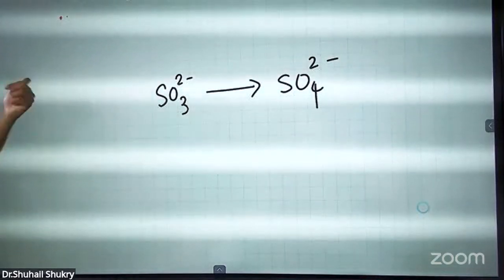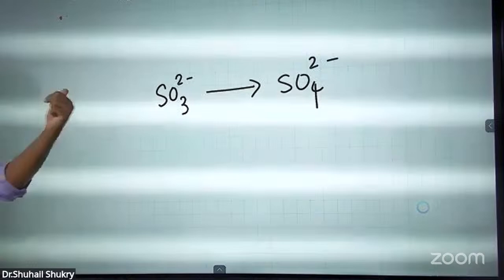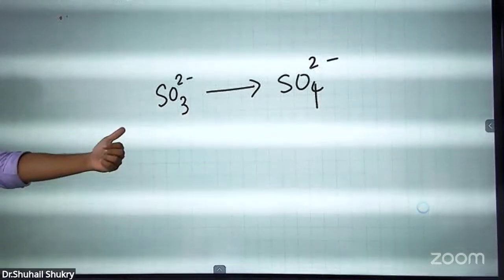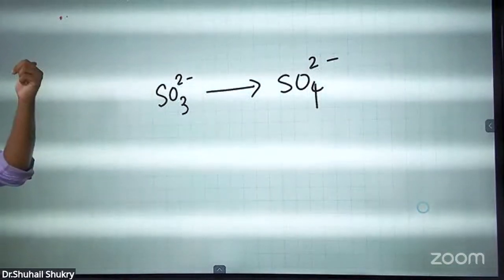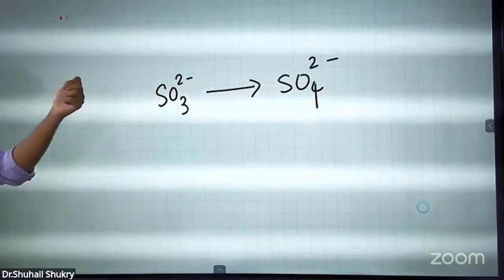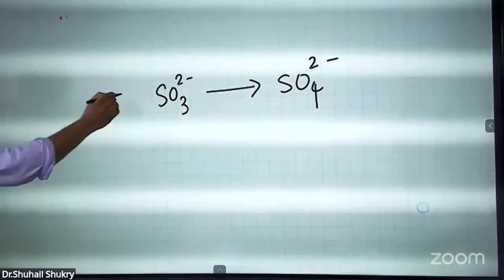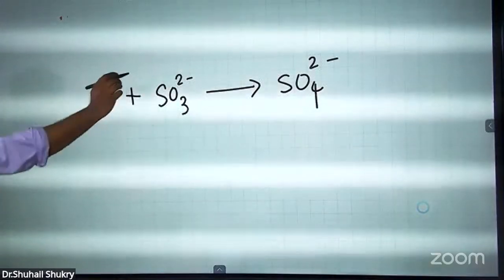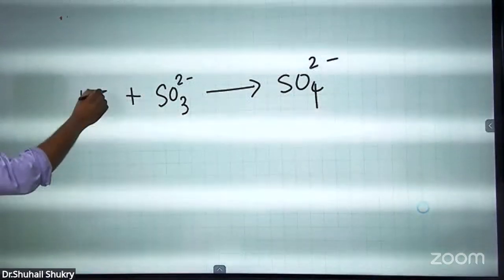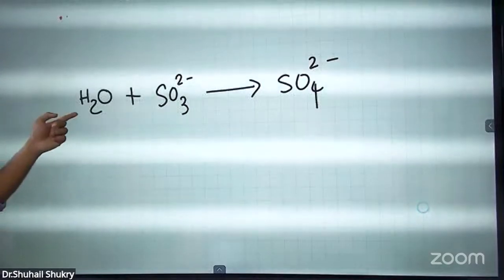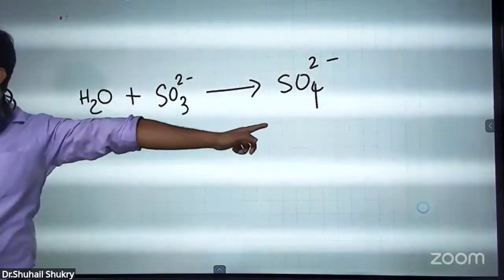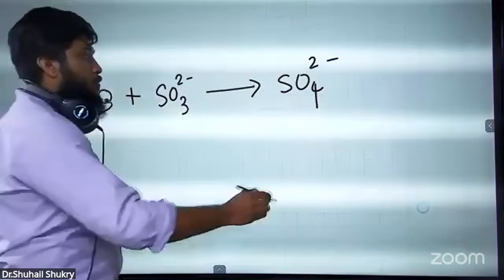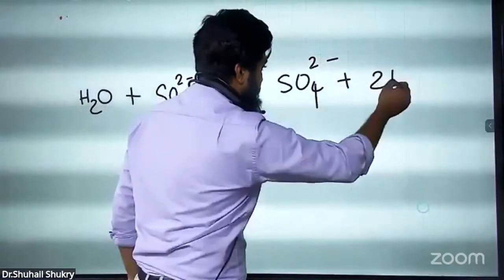Left side. So should I add water molecules to the left or right? To the left side, since it has less oxygen. How many oxygens do I need? 1. So I add 1 water molecule. If I add 1 water molecule to this side, how many H+ do I have to add on that side? 2 H+.